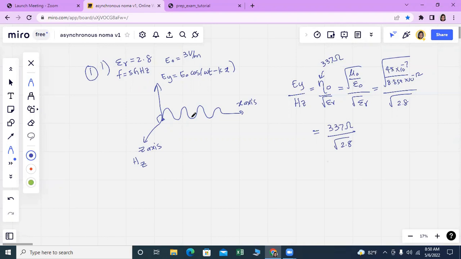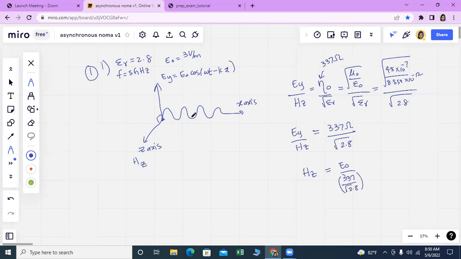You can get the value for this ratio using this equation, and then you can find the magnitude of the magnetic field by taking the magnitude of the electric field divided by 377 ohms divided by the square root of 2.8.